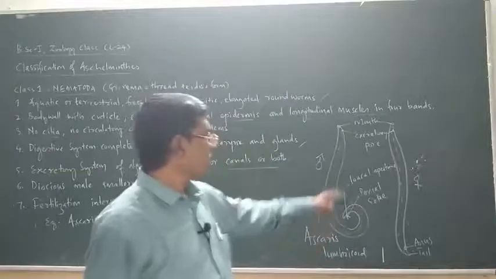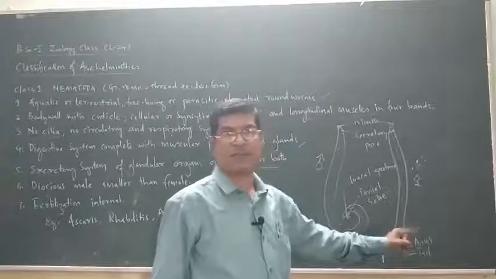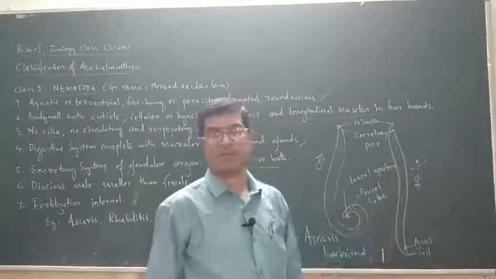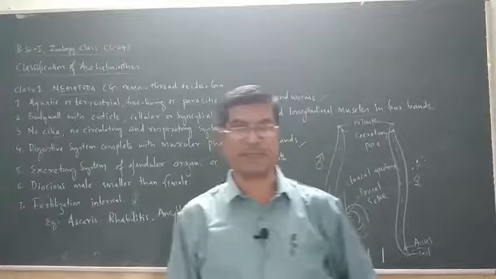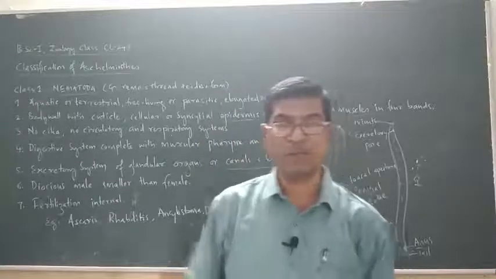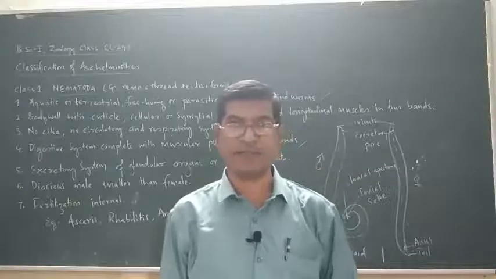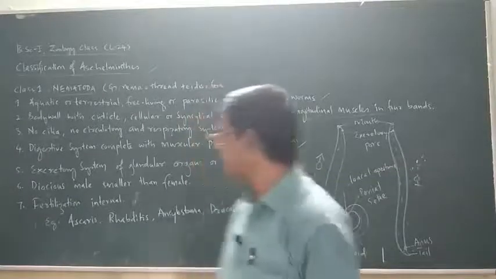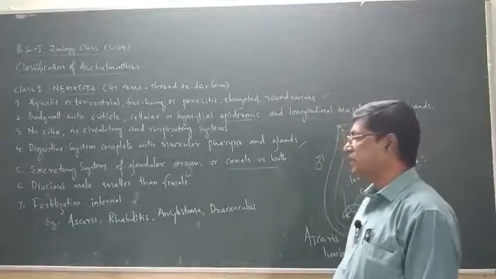So females are comparatively longer than the males. Dioecious, unisexual, sexes are separate. But in case of Platyhelminthes, sexes are united, hermaphrodite. Here, sexes are separate.